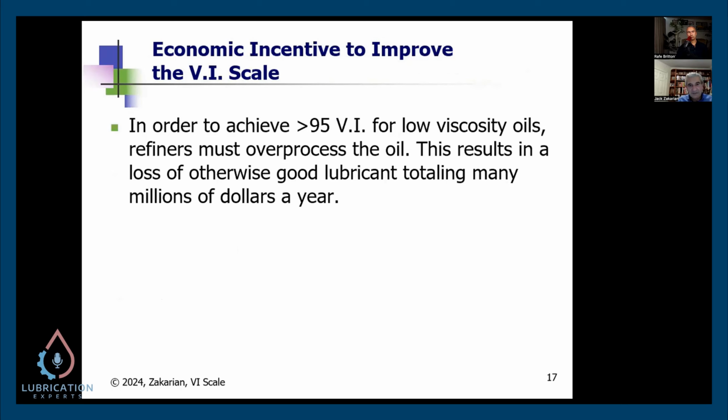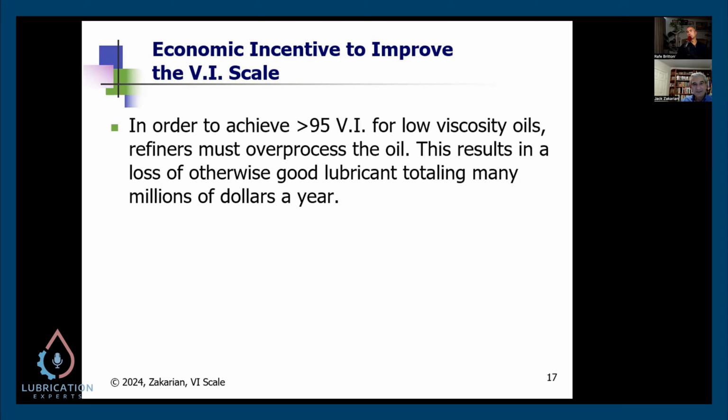So, economic incentive. Well, this first thing, and this is something I experienced firsthand, and it came out in the design of our lube plant and every lube plant that's operating now. If you want to produce a low viscosity oil that has higher than 95 VI, you have to over process the oil, because low viscosity will give you low VI. You can process oil and you might get a medium neutral that's 100, but your light neutral will be 85.